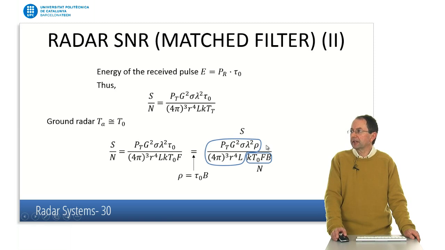The signal part actually involves the transmitted power, gain of the antenna, etc., and the noise power after the receiver is actually the product of the noise spectral density multiplied by the bandwidth of the filter. That's the bandwidth which is defined by the matched filter. We have here a rho parameter which relates the pulse duration with the bandwidth, and we are going to see this parameter in a following chapter.